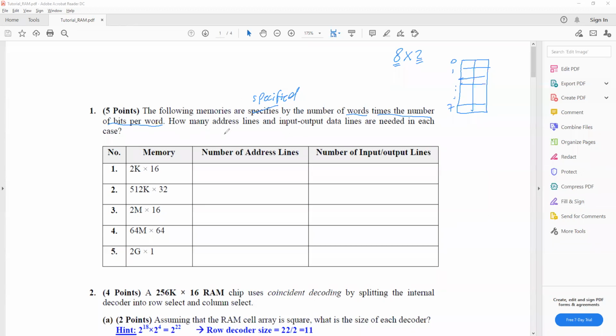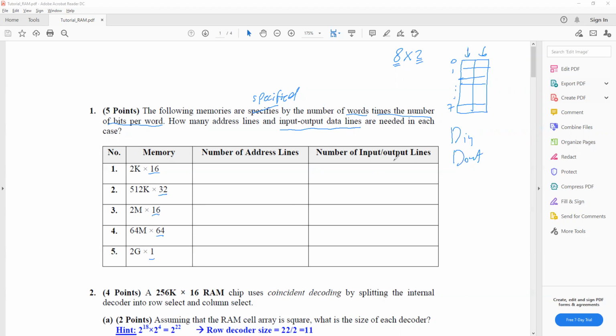So the question is, how many address lines and input-output data lines are needed in each case? طيب, these are the memories we have. It's easier to start with the number of input and output data lines because your DIN and DOUT have to be the same size, and they all have to do with the number of bits in your word. بالتالي all you need to plug in this row is the same number of bits per word that you have in here.